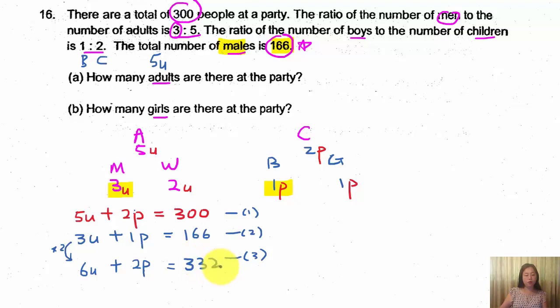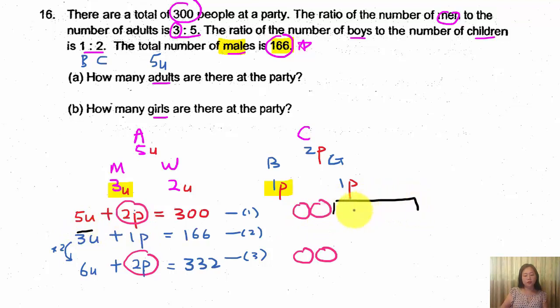To help you understand the concept clearly, let me just draw some model here for you. So here we have 2 parts. So 1, 2. Here we also have 2 parts, and this will be 1, 2. And here we have 5 units. So 5 units will be 1, 2, 3, 4, 5.